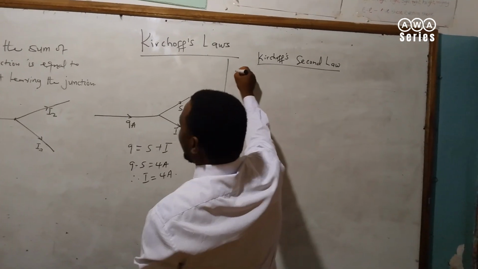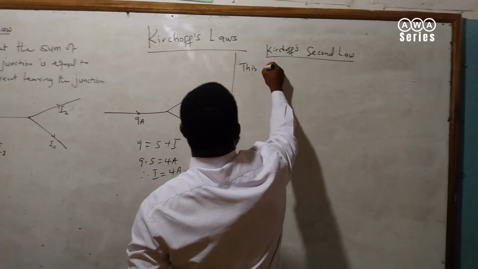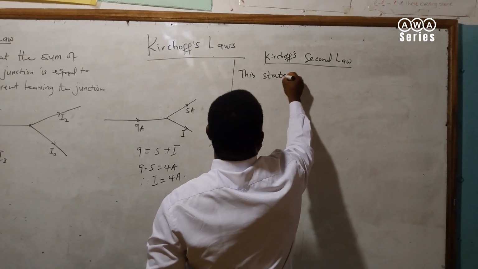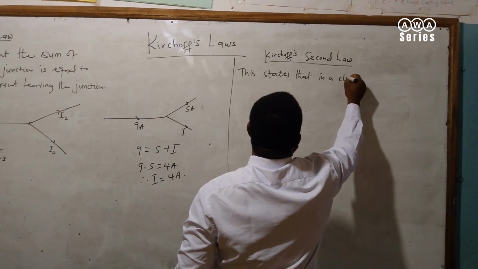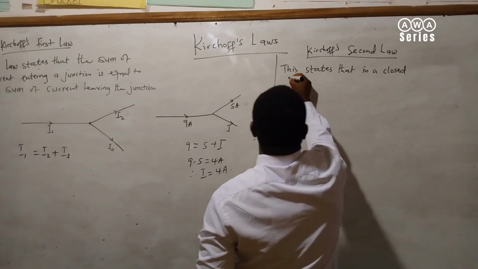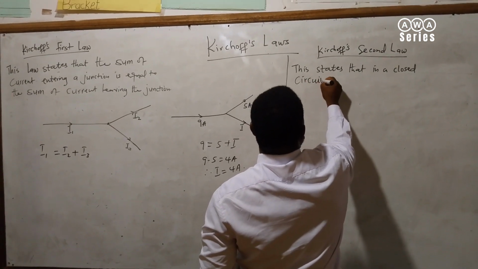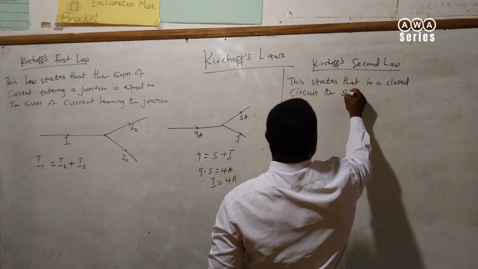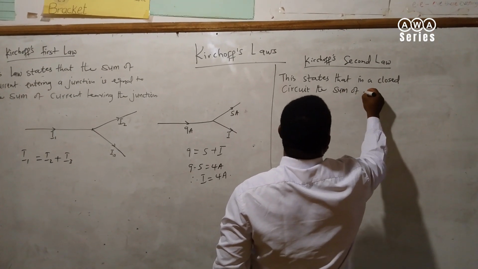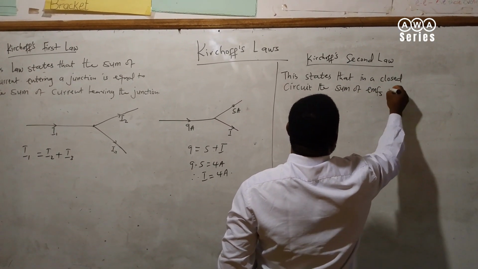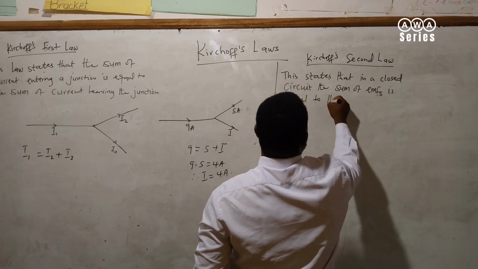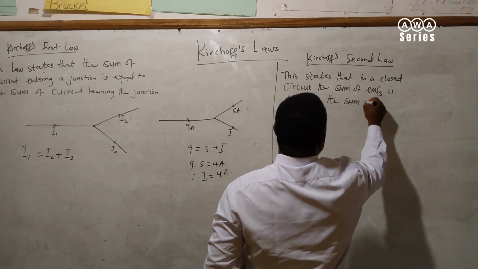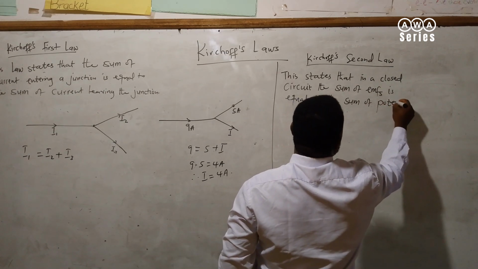The second law states that in a closed circuit, the sum of EMFs is equal to the sum of potential differences.